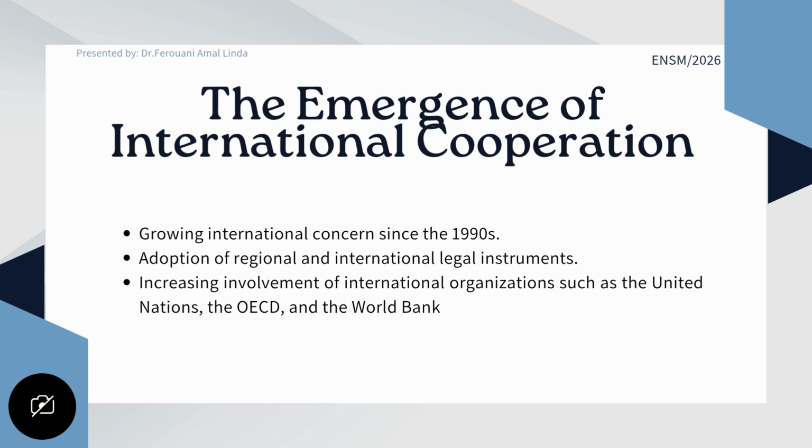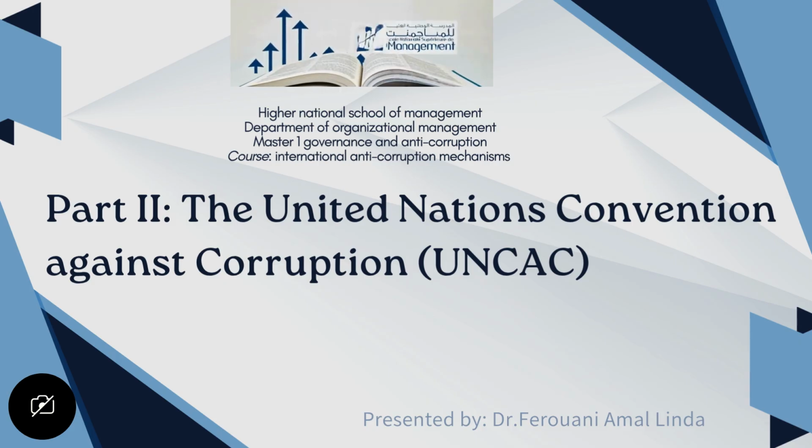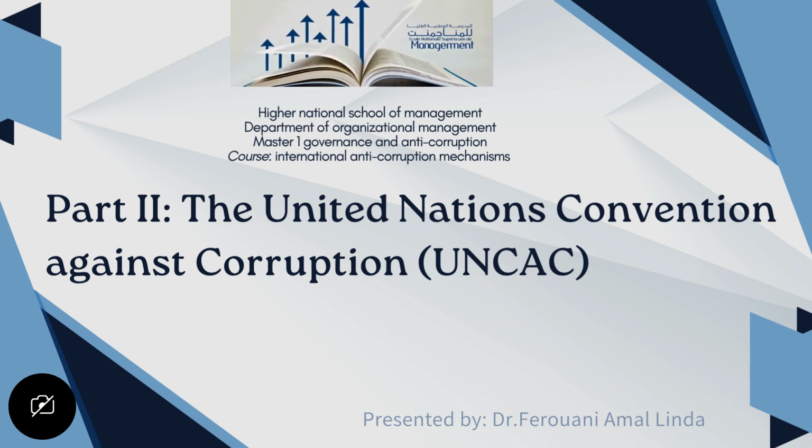This process eventually culminated in the adoption of the United Nations Convention Against Corruption in 2003. Having examined the broader context, we may now turn to the convention itself, which is part 2 of this lecture.